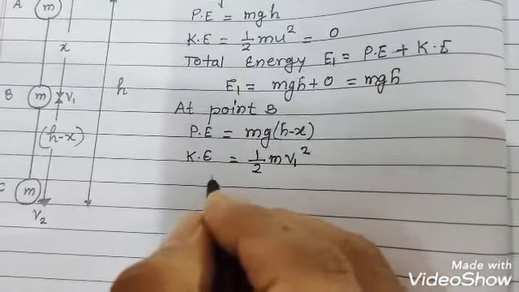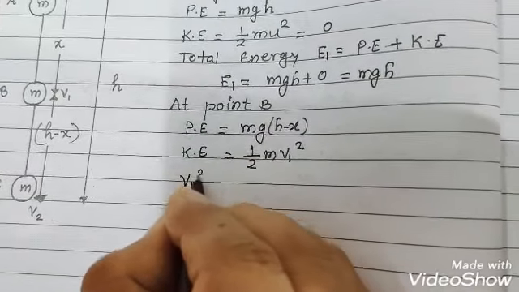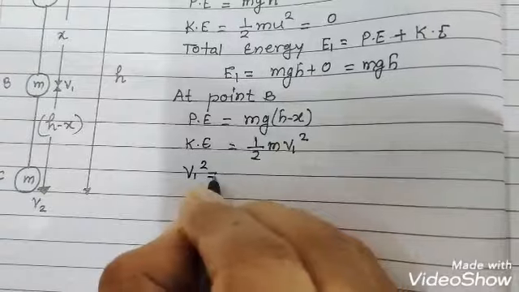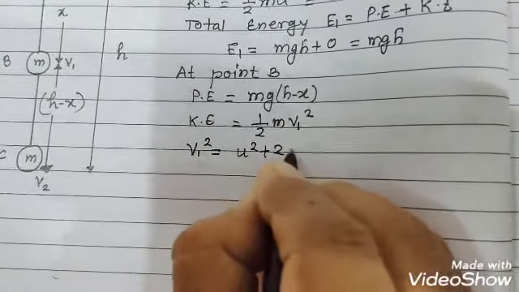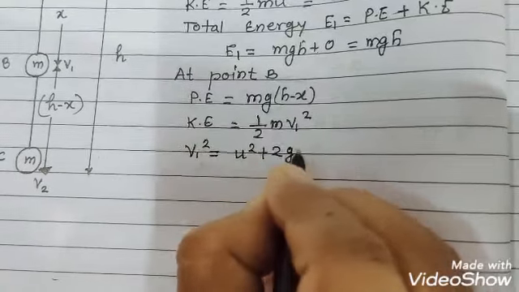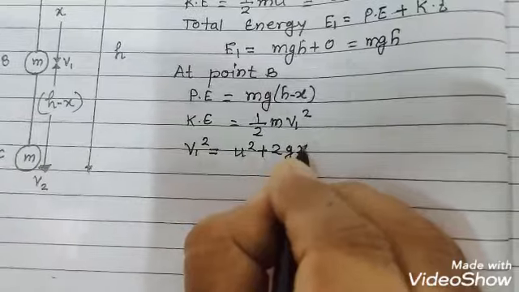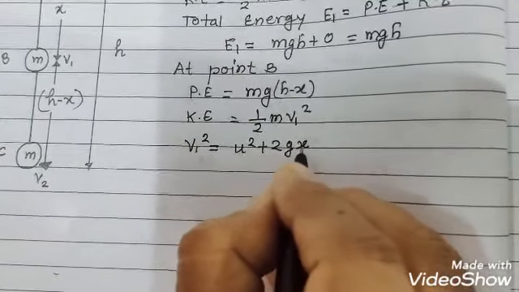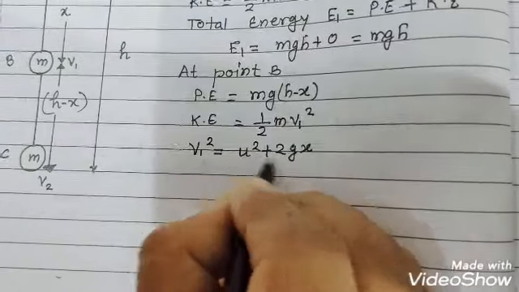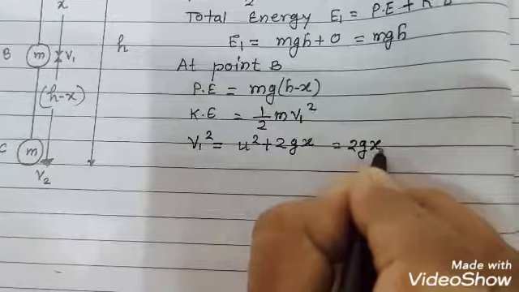We are going to calculate v1 here. For this, v1 square must be equal to u square plus 2g times the distance covered here, which is x, so it is u square plus 2gx. Now u is 0, so simply it is equal to 2gx.